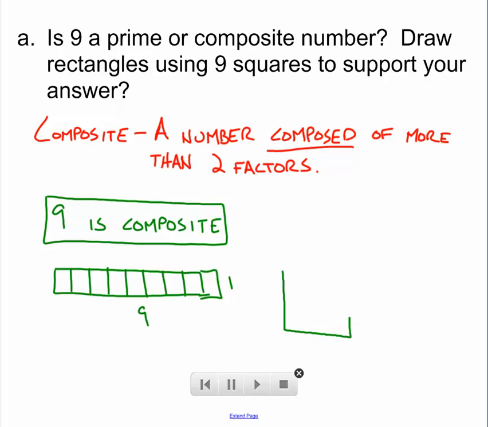And then we can make another rectangle that is 3 by 3. 3 times 3 is 9. You can see that each uses 9 tiles. So if a number is prime, you should only be able to make a rectangle that is 1 high.